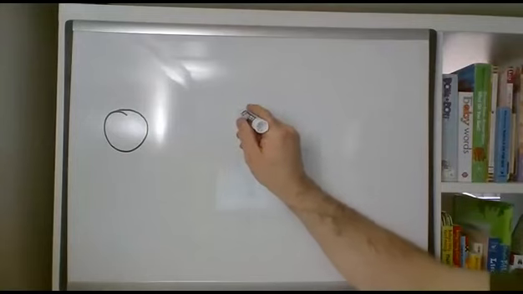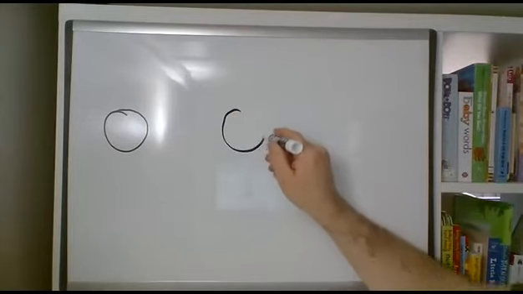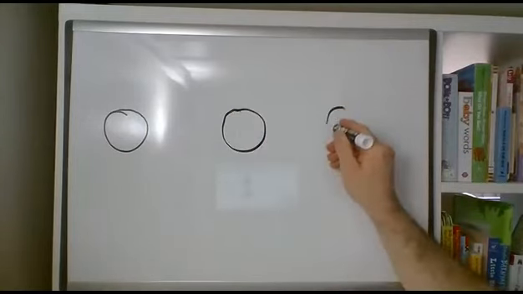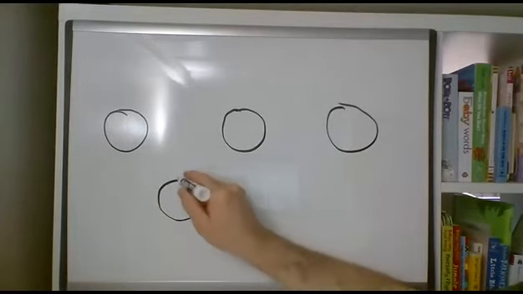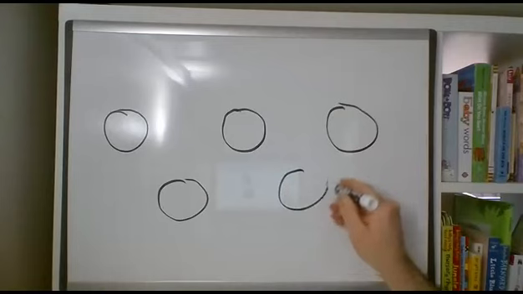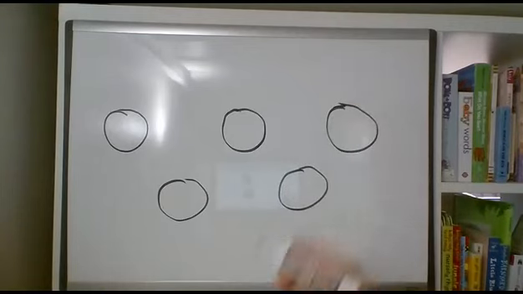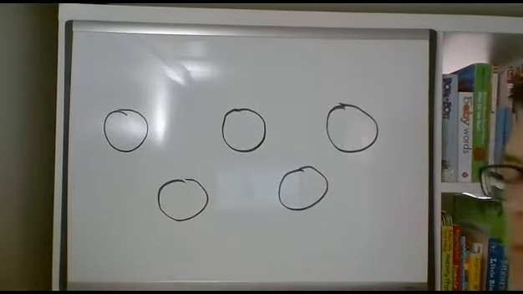And I'm going to draw it like Olympic rings, like the 5 rings of the Olympics. There are 5 models of the atom.